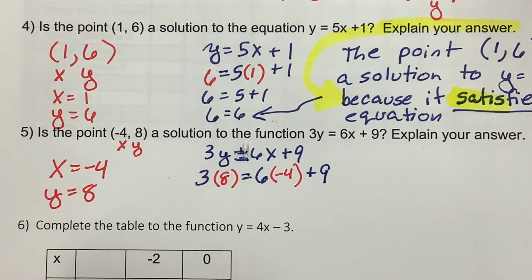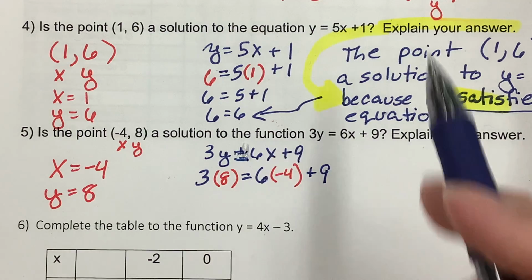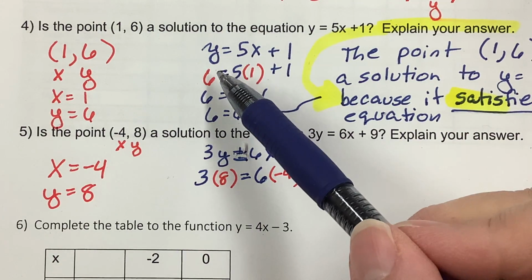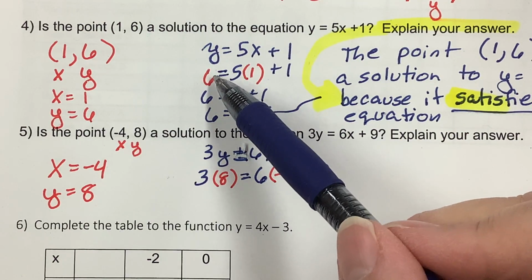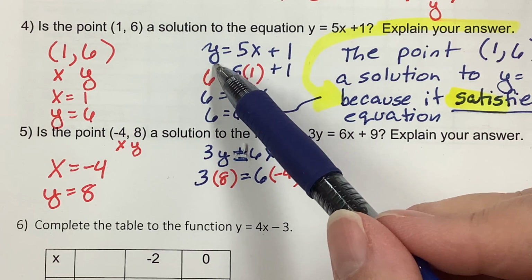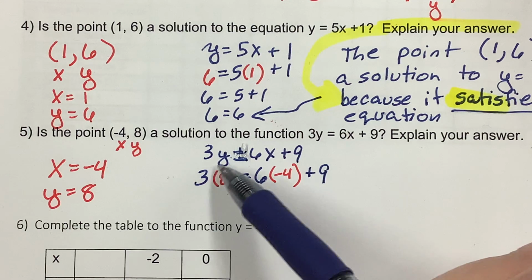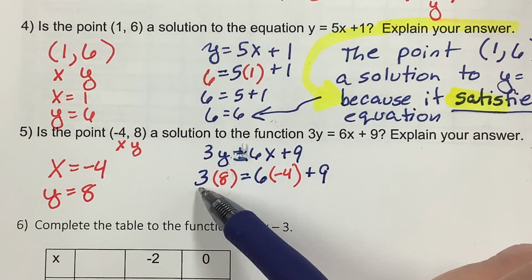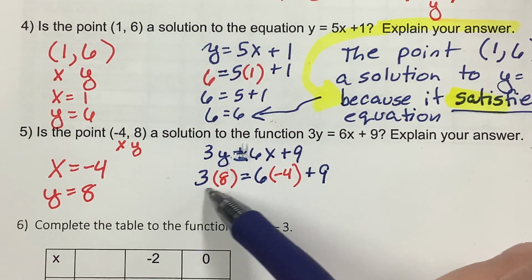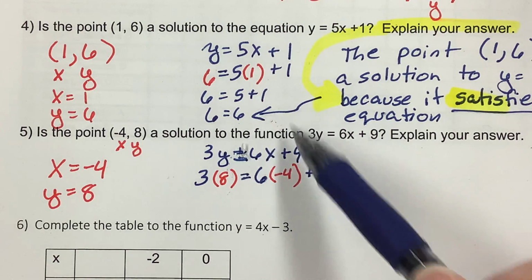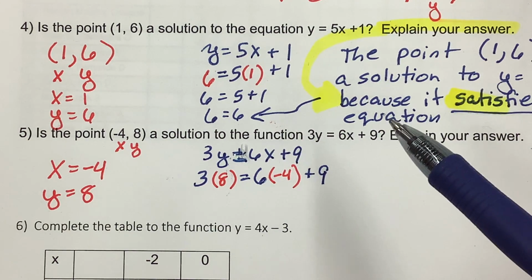So, things to be careful about. Notice up here, when I replaced the y, I just wrote 6 because the y doesn't have a coefficient. But down here, when I replaced the y, I put it in parentheses because 3 is the coefficient here. I'm multiplying by 3. And of course, I put the x in parentheses for the same reason.